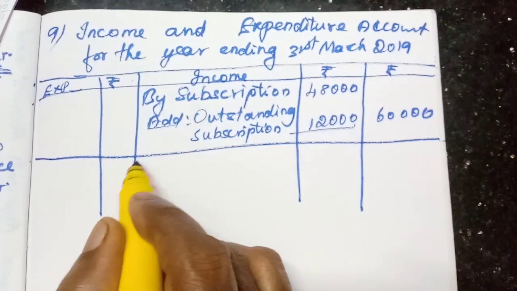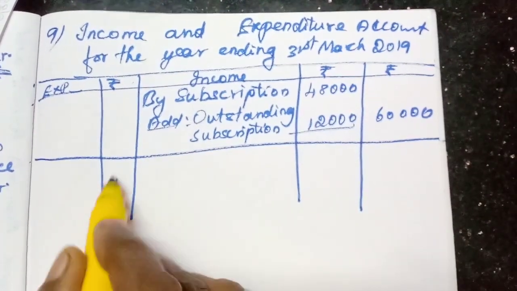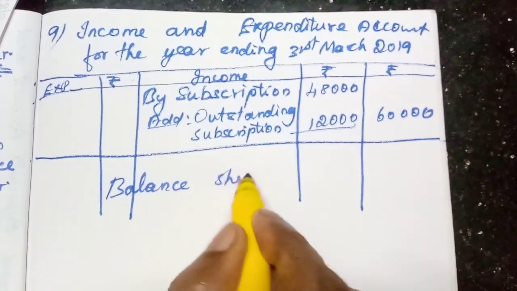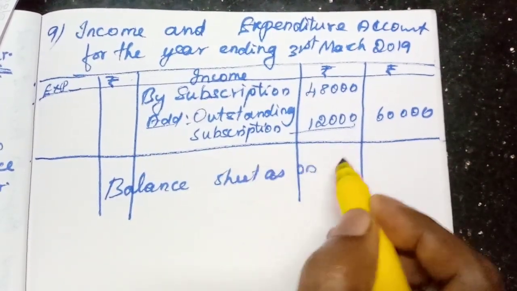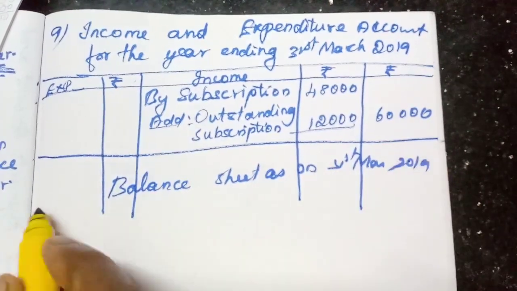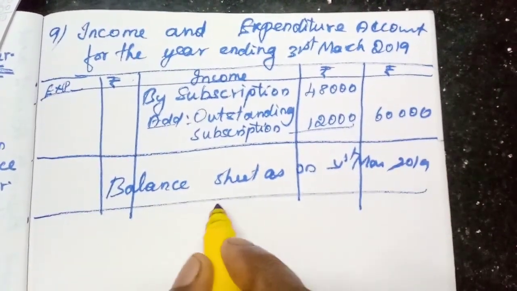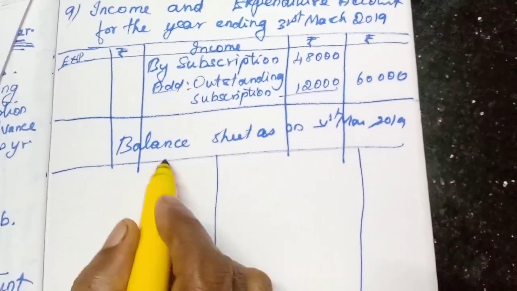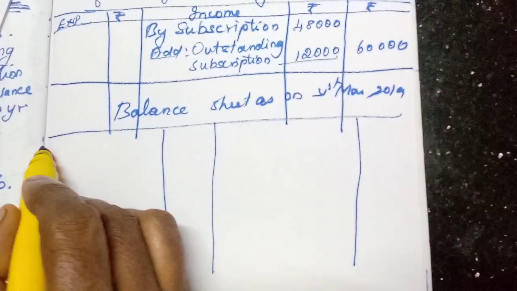Then the balance sheet as on 31st March 2019. Both the sides we need to write, so you use both the pages.